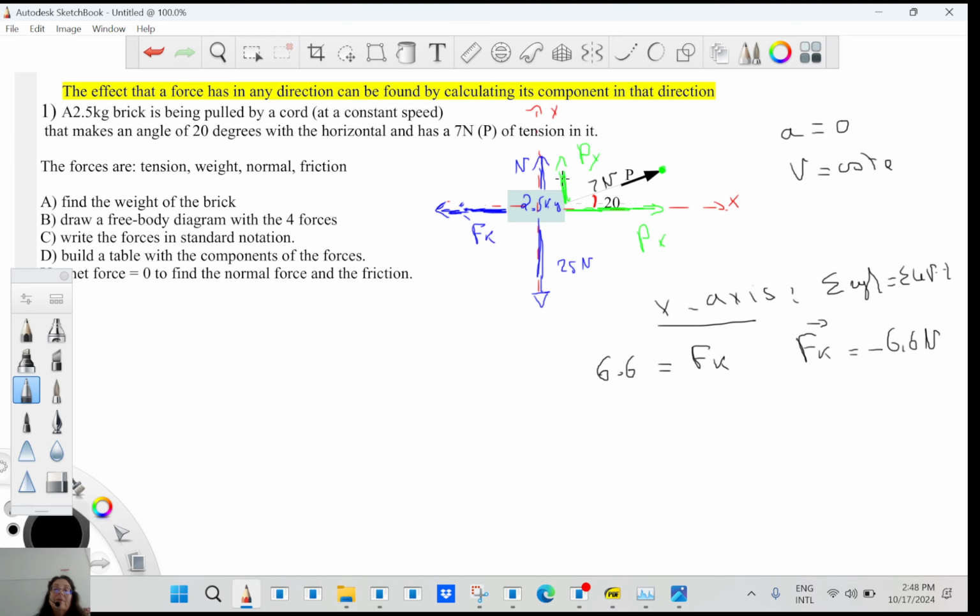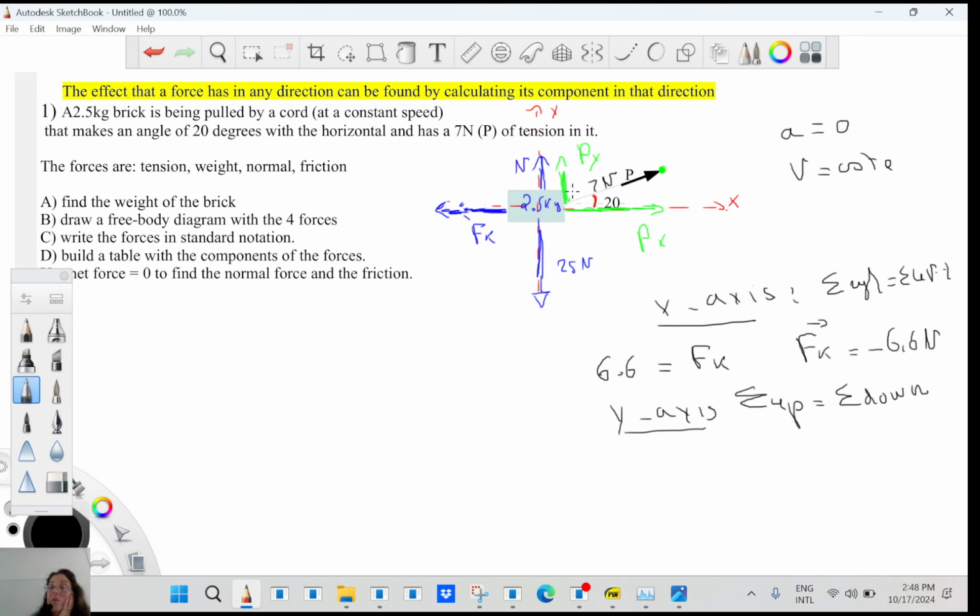And then the normal force, you see, along the y-axis, everything up equals everything down. Okay, so I'm waiting. Just write it down. So you look at your diagram.